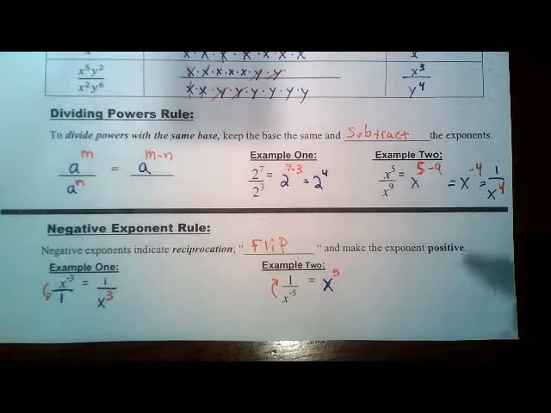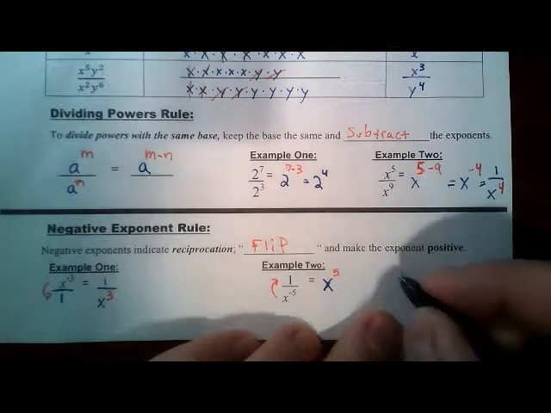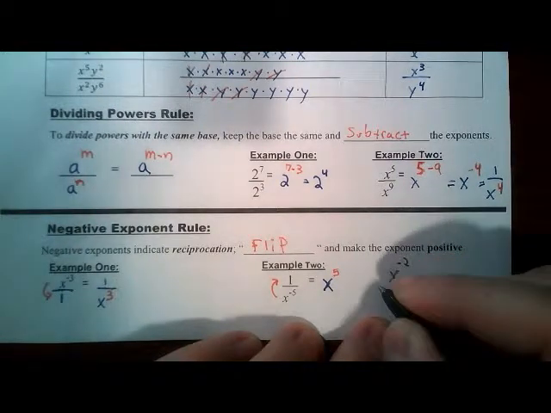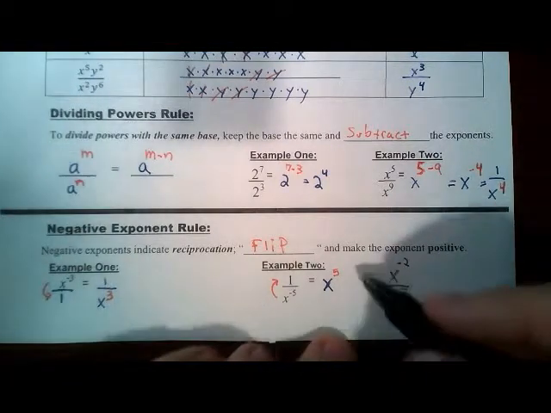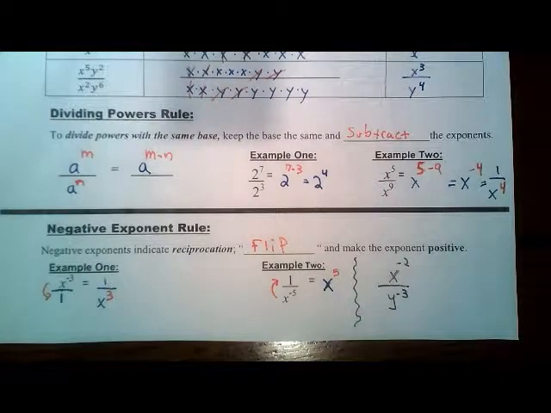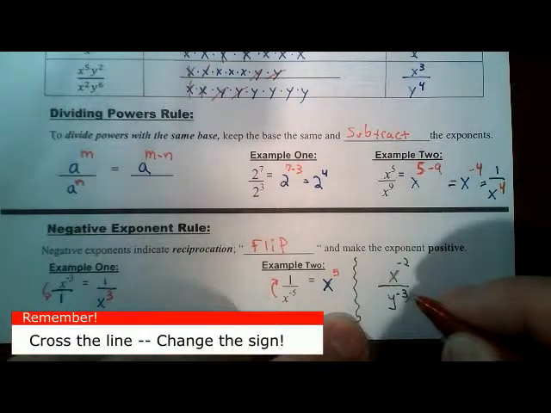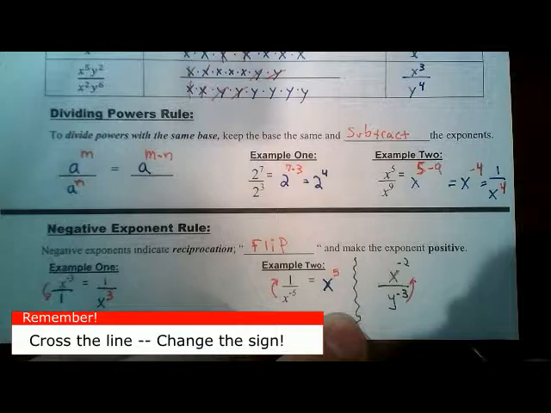Another way to think of negative exponents, just to make a separate example, say I've got x to the negative 2 and y to the negative 3. Kind of think of it like this. You're going to cross the line. Crossing the line is in the fraction bar, right? Cross the line and change the sign.